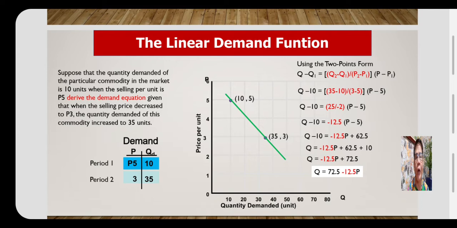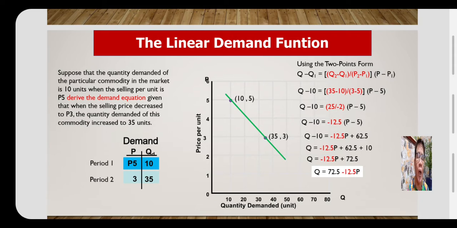The first point is given the value of 10 and 5, 10 being the value on the horizontal axis and 5 being the value of a point on the vertical axis. So the paired value of 10 and 5 corresponds to quantity and price. So that's the first paired value.